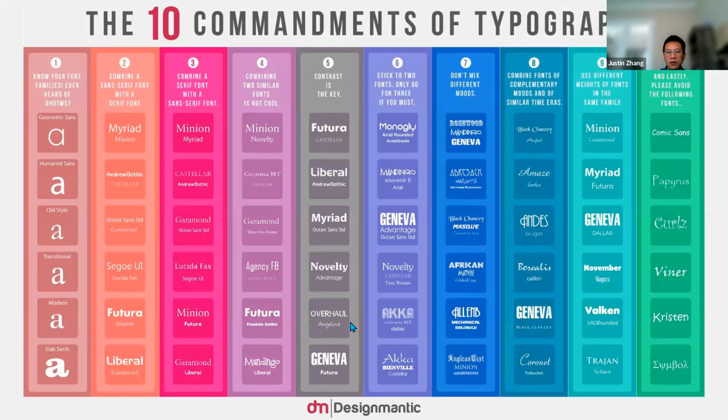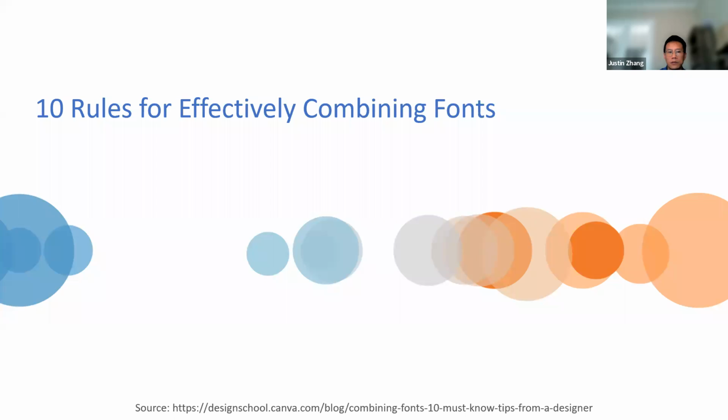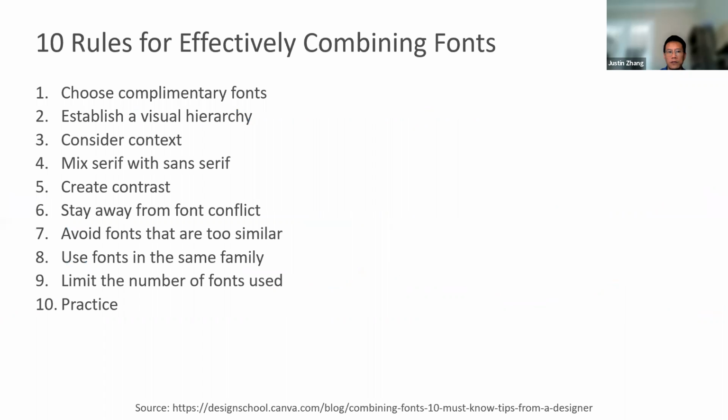So let's talk a little bit about the 10 commandments of typography, which are the guidelines for us to use typography appropriately to improve data visualization. So, 10 rules for efficiently combining fonts. First one, choose complementary fonts. Secondly, establish a visual hierarchy.